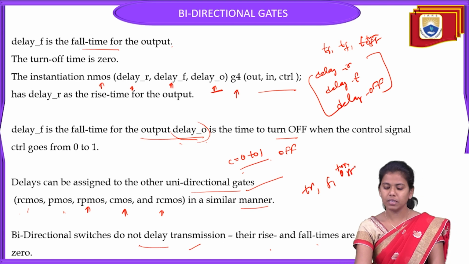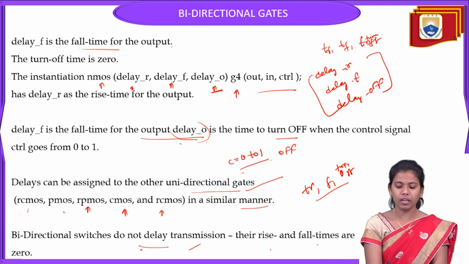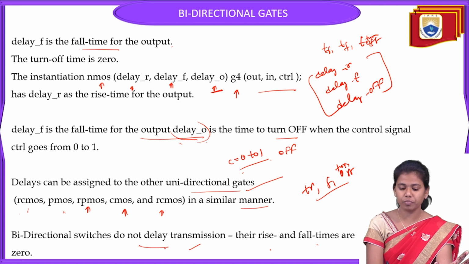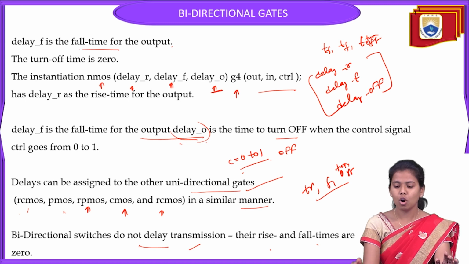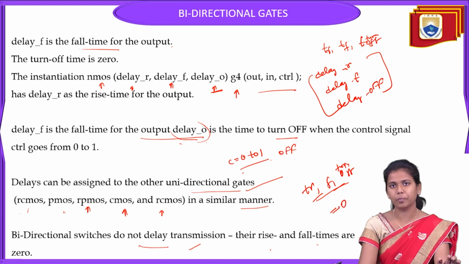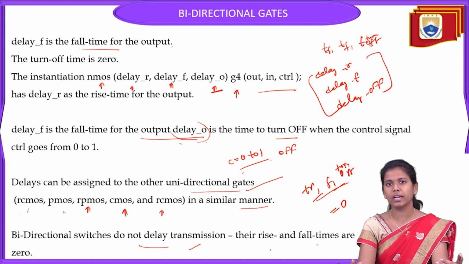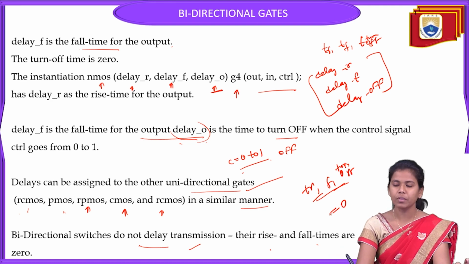If there is no delay in transmission, that means if the delay is 0, obviously the rise time, fall time and turn off time all become 0, isn't it? If there is any delay, it goes with respect to the rise time, fall time and turn off time. If in the transition there is no delay, then obviously all the times with respect to rise, fall and turn off become 0.